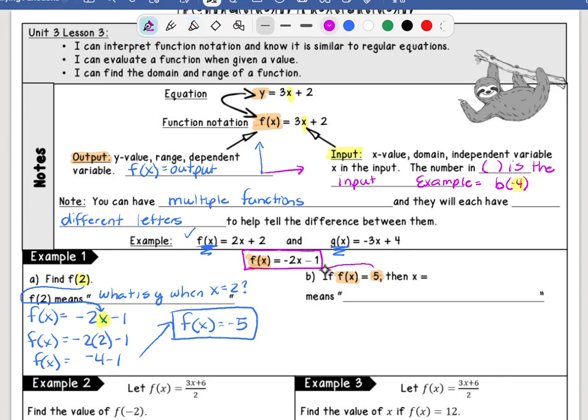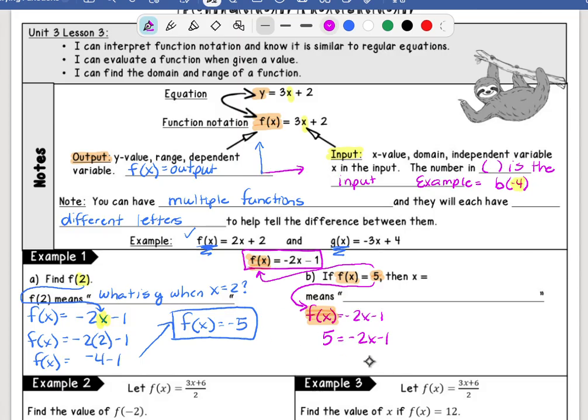So we're going to take this 5 and we're going to stick it right here. So if I write this f of x equals negative 2x minus 1, again, what I'm doing is I'm just simply going to take and replace this f of x. I'm just going to take this 5 and I'm going to drop it right here. So I end up with 5 equals negative 2x minus 1.